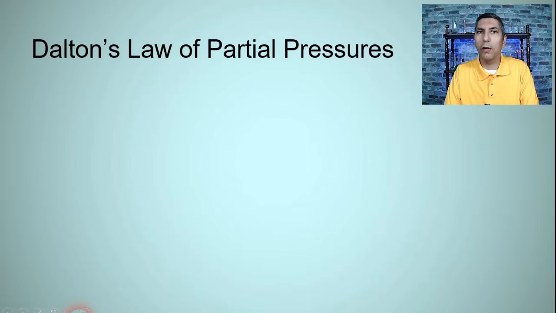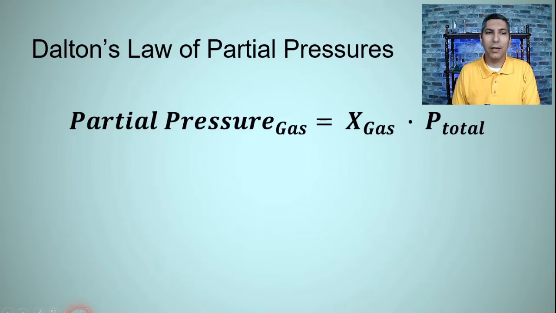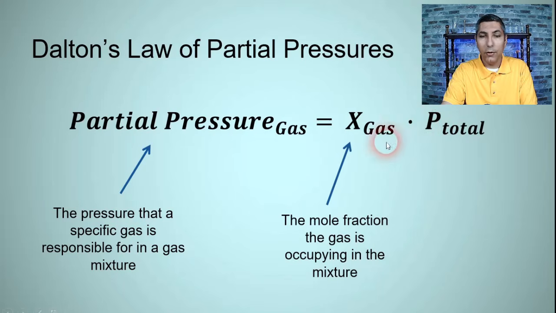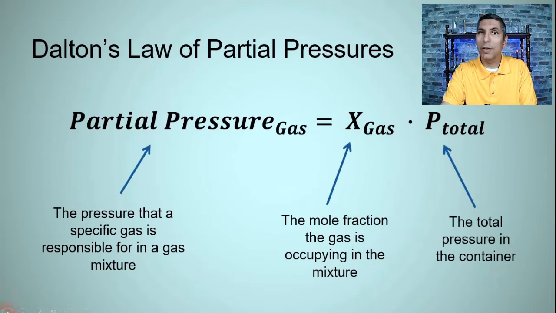Dalton's law of partial pressures tells us that the partial pressure of a gas, meaning the pressure that a specific gas is responsible for in a gas mixture, is equal to the mole fraction that gas occupies in the mixture, represented by the letter X, times the total pressure inside that container. When we say mole fraction, that's like the 7/10 or the 3/10 that we calculated a minute ago. We're going to use this equation to calculate the partial pressure of a gas.